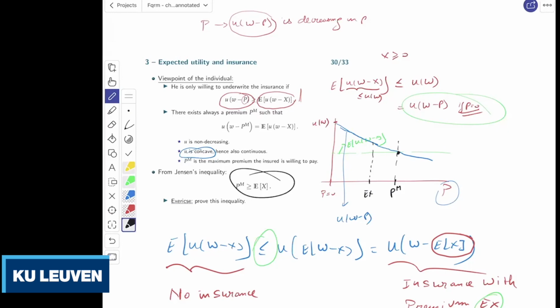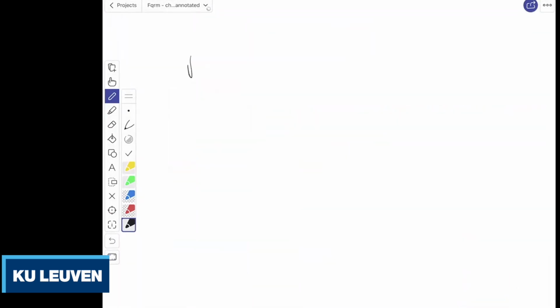And the difference, if you look at P, the maximal premium you are willing to pay, minus the expectation of X, you can think of as a kind of loading that you are willing to pay on top of your expected loss because you are getting rid of the variability.